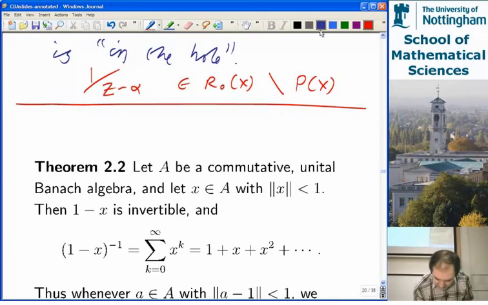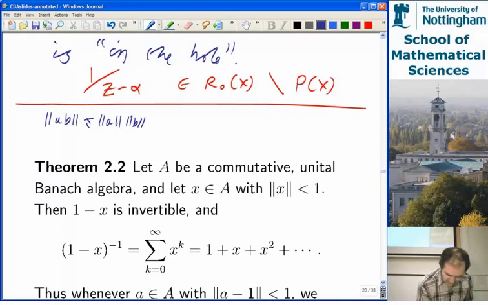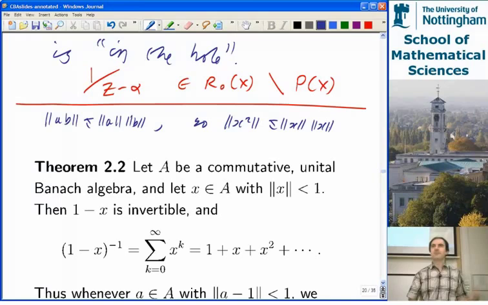First of all, it's a Banach algebra. So remember, the norm of AB is less than or equal to norm A times norm B. So the norm of x squared is less than or equal to norm x times norm x, taking A equals B equals x, which is norm x all squared.